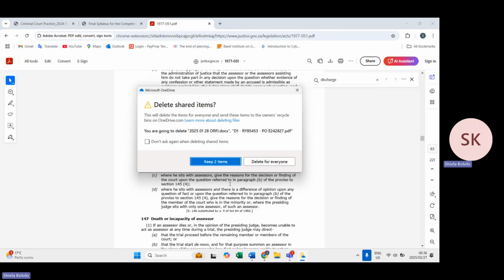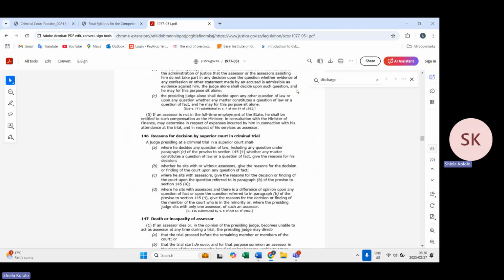We always want to make sure that he reached his decision impartially and guided by legal prescripts. So that would be the reason we need reasons for the judge's decisions. That's basically about it.